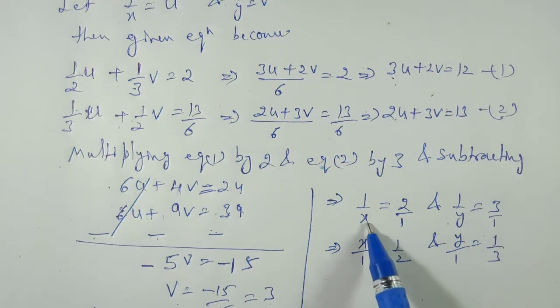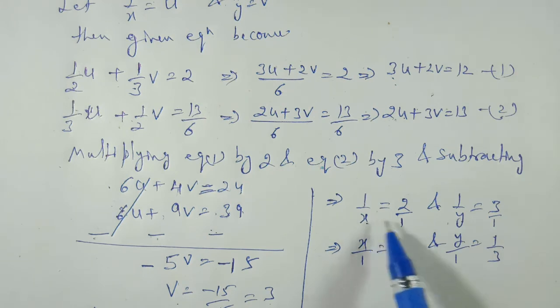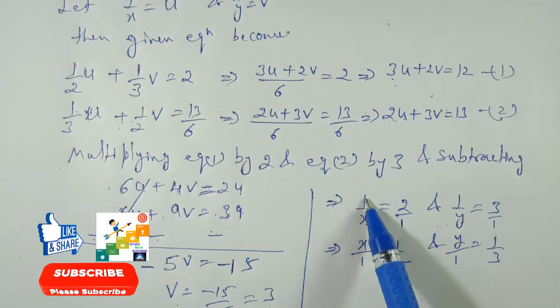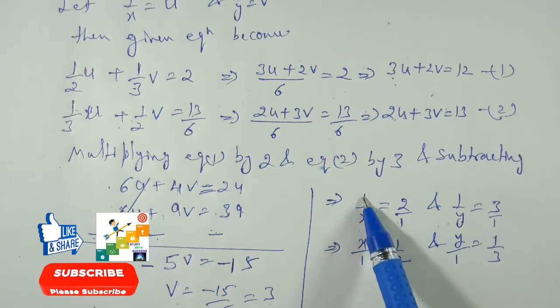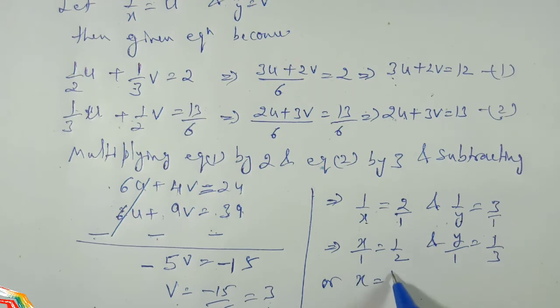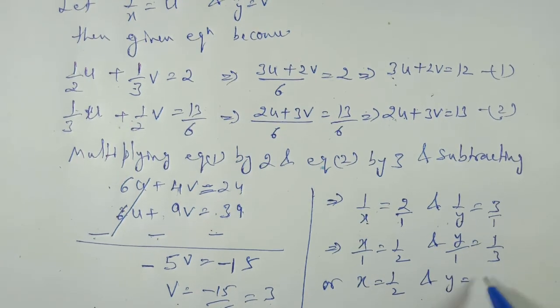Reciprocal means we have to interchange the numbers from numerator and denominator. So we can write it as x is equal to 1 upon 2 and y is equal to 1 upon 3.